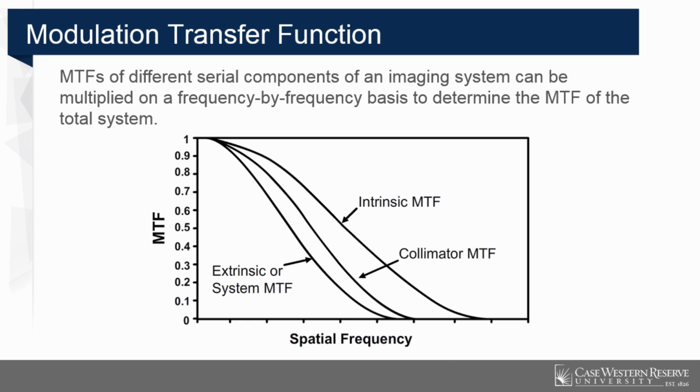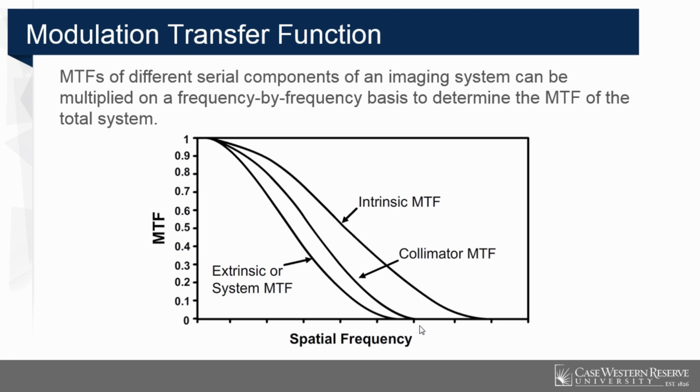As I said, besides line spread function or point spread function, you can use MTF, modulation transfer function. For each image, different frequency components have different responses through the system. So this is probably sometimes more useful. At this point, I will question you.